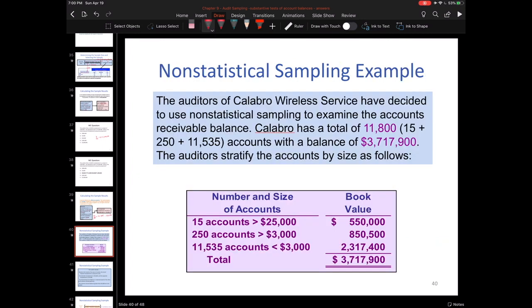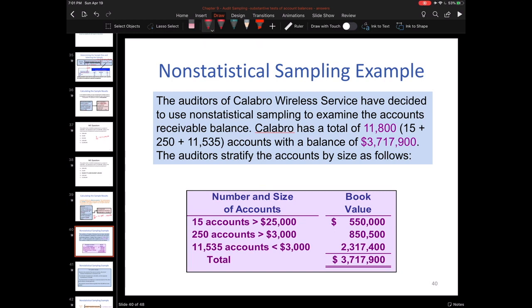Now we're going to walk through an example of non-statistical sampling with stratification. So we have the auditors of Calabro Wireless Service. They've decided to use non-statistical sampling to examine their AR balance.